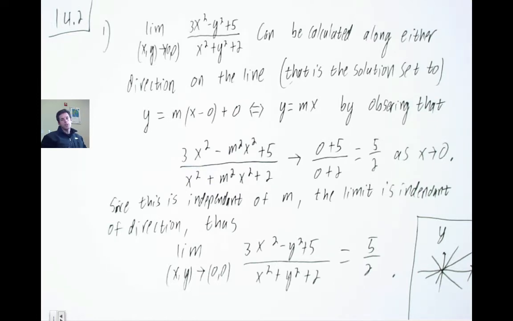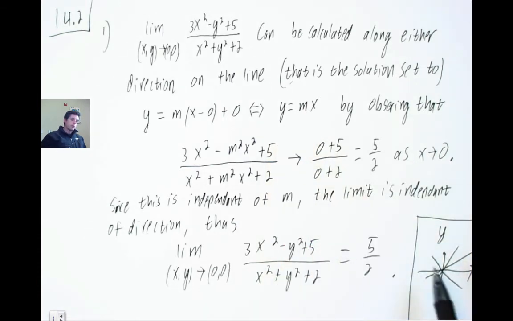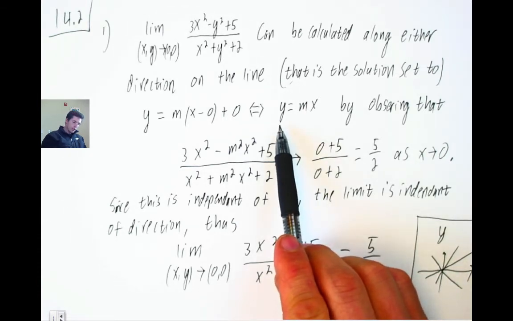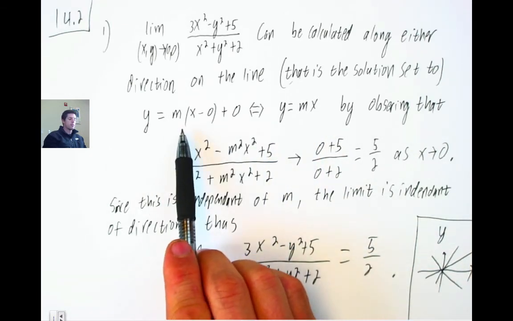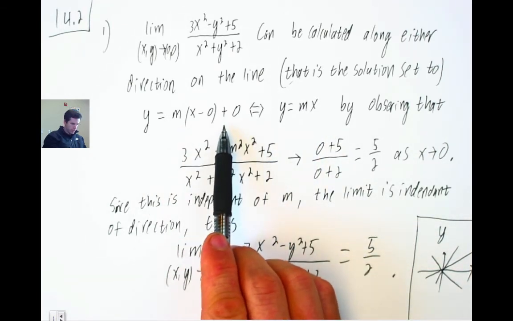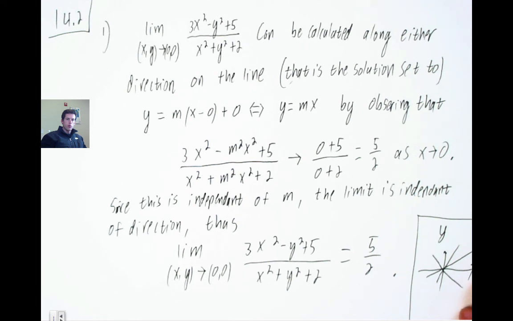You get almost every single direction of possible approach by looking at lines of the form y is mx, or y is m times (x minus x naught) plus y naught. And that is as careful as we need you to be at this point. I'll make another video where I go over the delta epsilon proof of this, because none of this was really particularly rigorous.